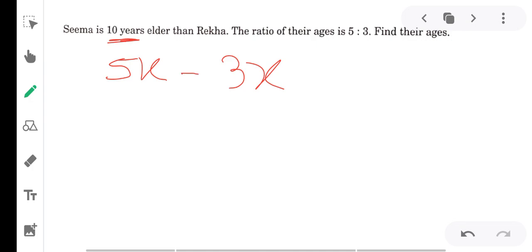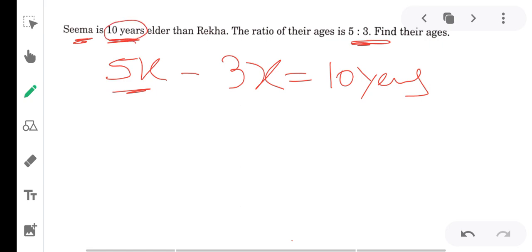So 5x minus 3x equal to how much? 10 years. Clear? Seema is elder than Rekha, so the ratio of Seema will be 5x.